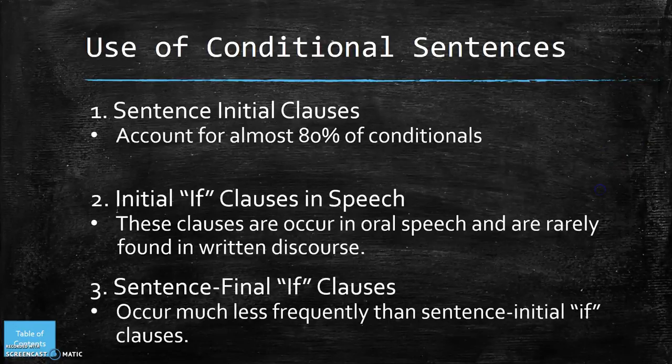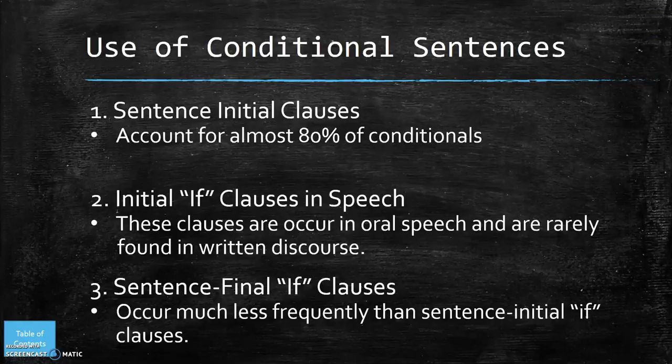All right, sentence initial if clauses, which basically means the subordinate clause comes first, right? If I had $1 million, I would buy a new house. Okay, this form of conditional sentences with the if clause in the initial spot or at the beginning account for almost 80% of conditionals. Okay, so this is the most common form that you're going to see.